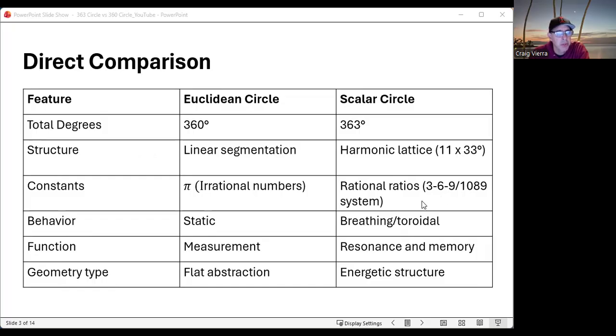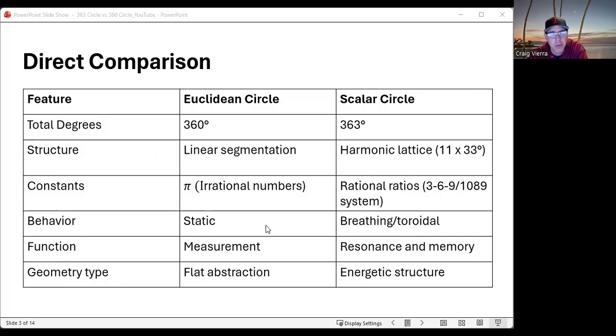This has geometric implications as well as energetic implications. I see the Euclidean circle as more static and the scalar circle as more toroidal, one that breathes. The primary function of the Euclidean circle is measurement.